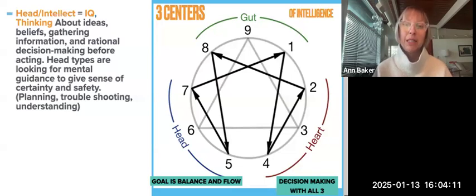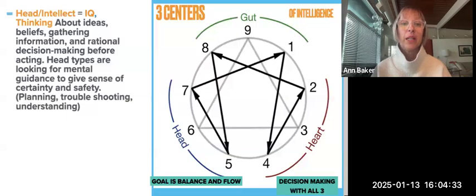So head types, if you will, are looking for mental guidance. They're trying to filter reality, trying to gain information primarily through the head center to give a sense of certainty and safety. So we all do this to some extent, for sure.